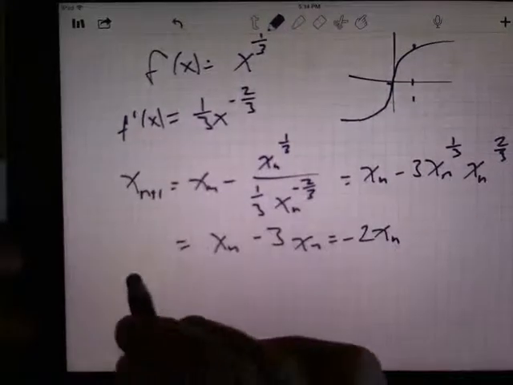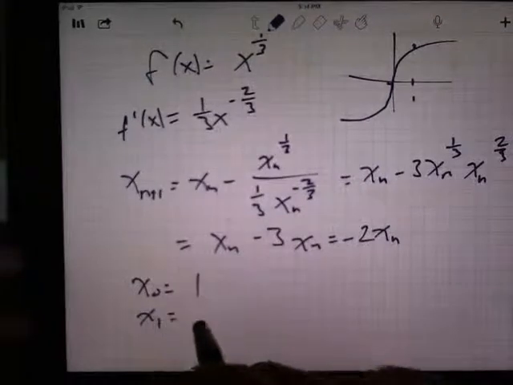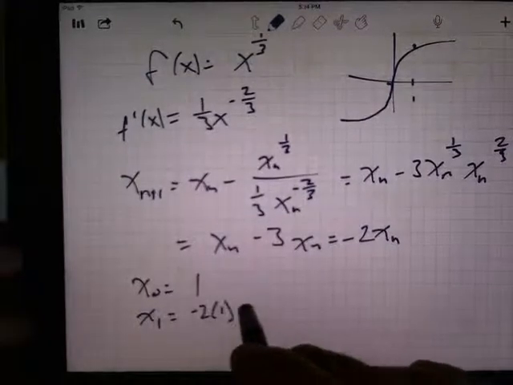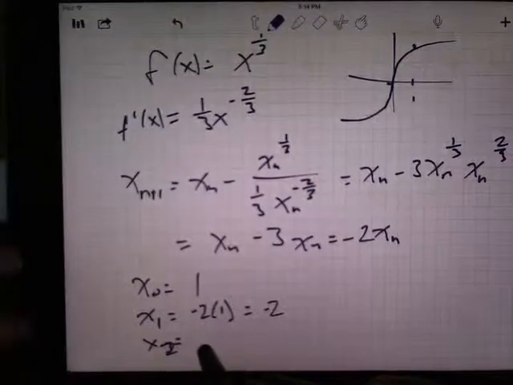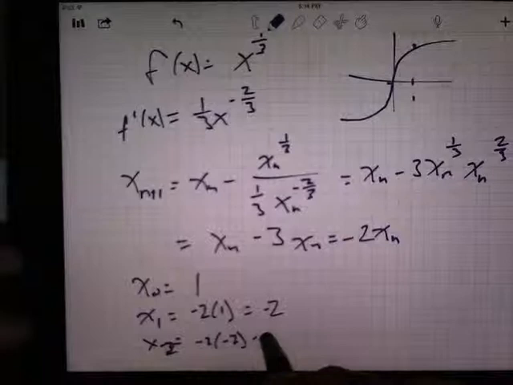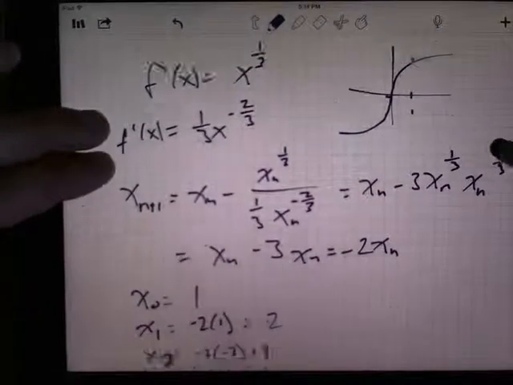So when I plug x0 equals 1 in, then x1 is negative 2 times 1, which is negative 2, and x2 is negative 2 times negative 2, which is 4. What happens is this spirals me outward.